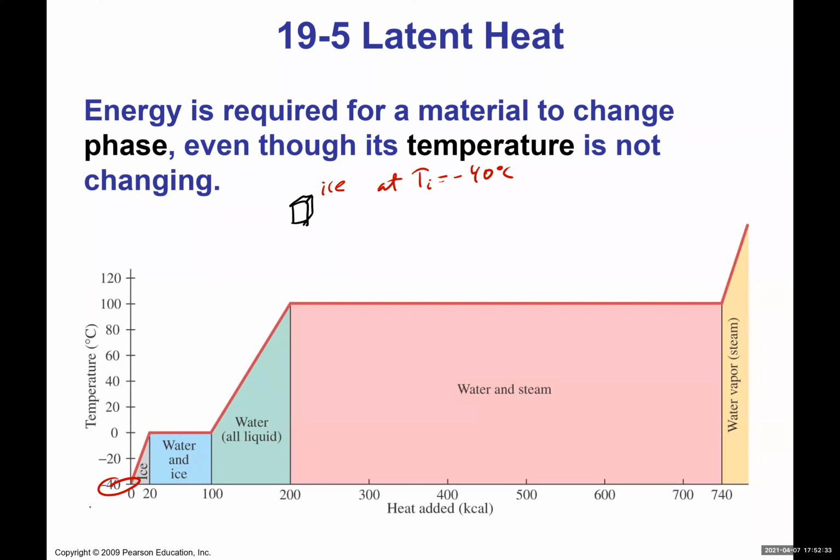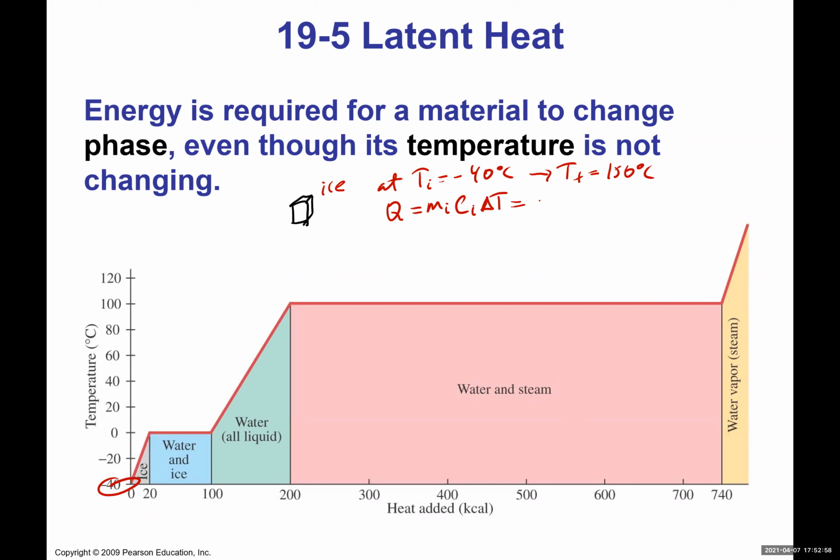If I want to increase the temperature of this ice cube from negative 40 degrees Celsius all the way to, let's say, 150 degrees Celsius, can I use this equation where Q equals the mass of the ice cube times the specific heat of ice, times delta T?